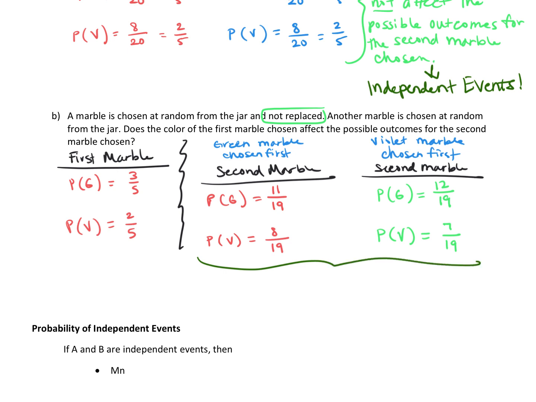When the first marble is not replaced, the color of the first marble chosen does affect the possible outcomes for the second marble chosen.